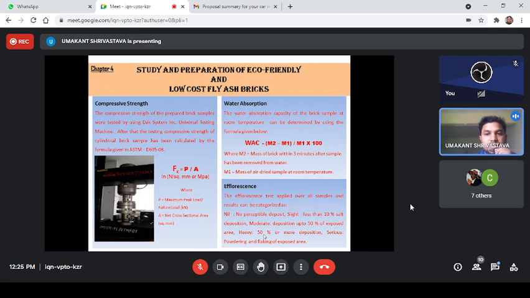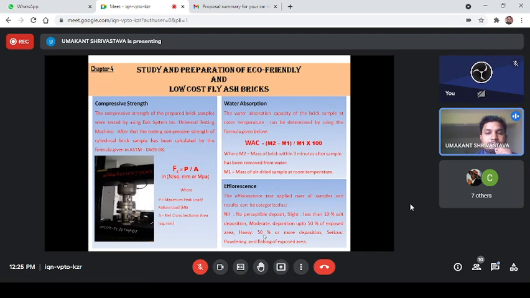The third parameter we have calculated is the efflorescence, and it has been categorized in 5 different categories. Those are nil, slight, moderate, heavy, and serious efflorescence. When there is no deposition of salt on the brick's surface, then it is under the nil category.